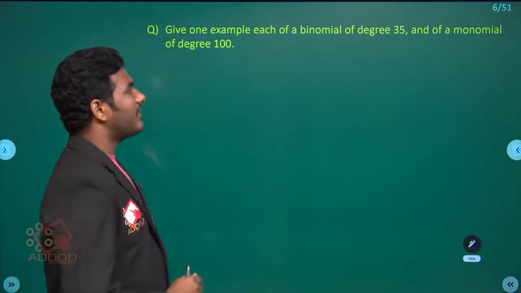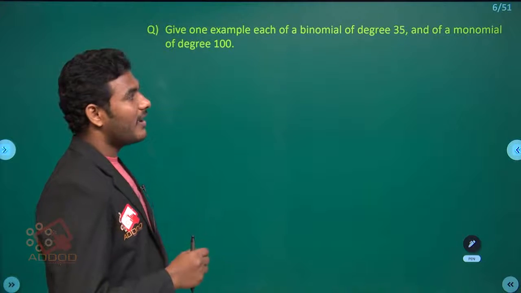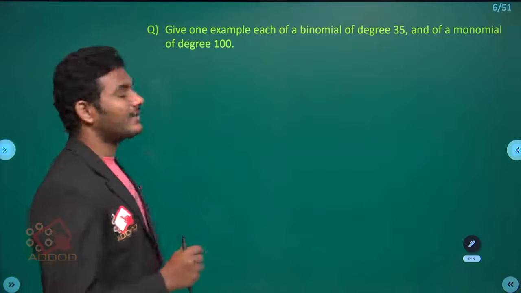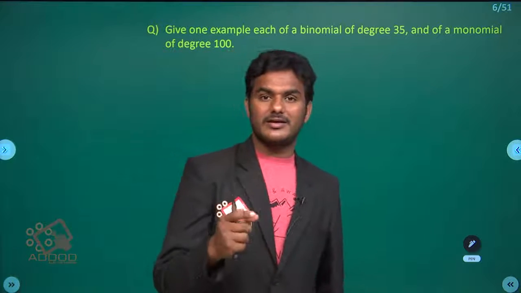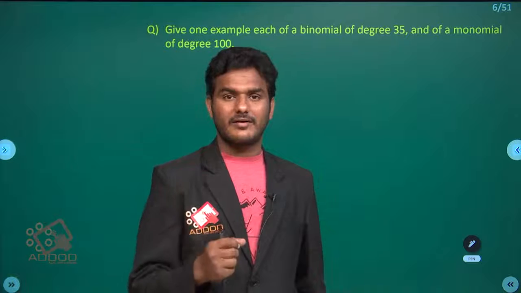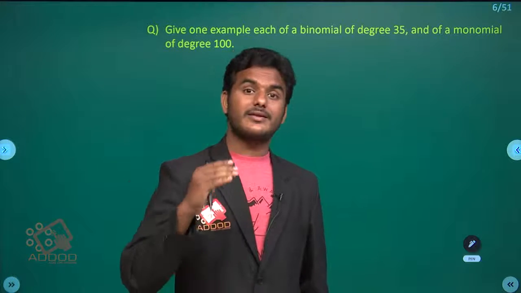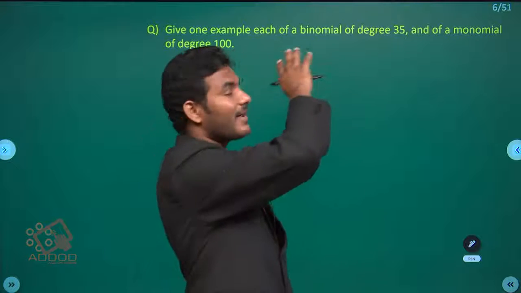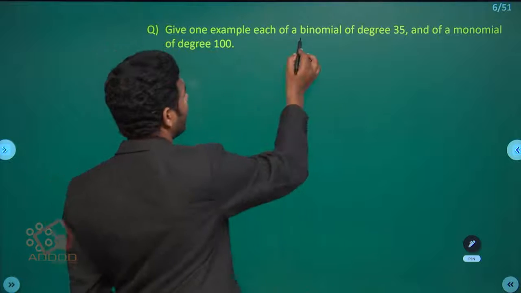Give one example each of a binomial of degree 35 and of a monomial of degree 300. So what is the degree? We know that the degree is nothing but the highest exponent of the variable in the given polynomial. The variable must contain that highest power, and that is the degree. Now here we need to write a binomial.